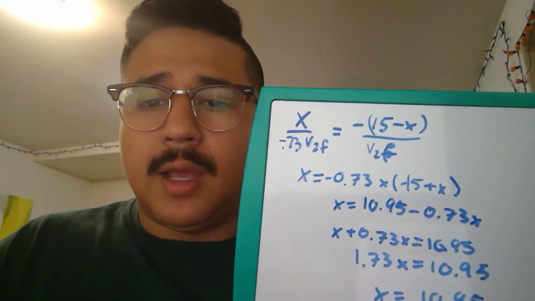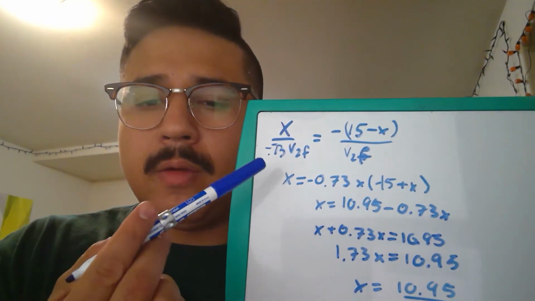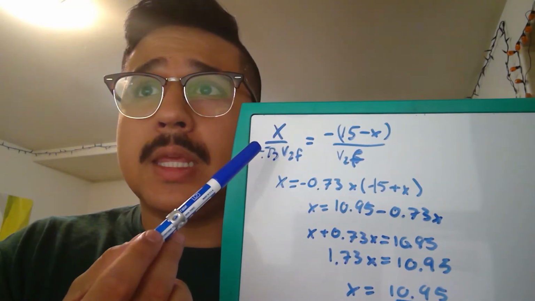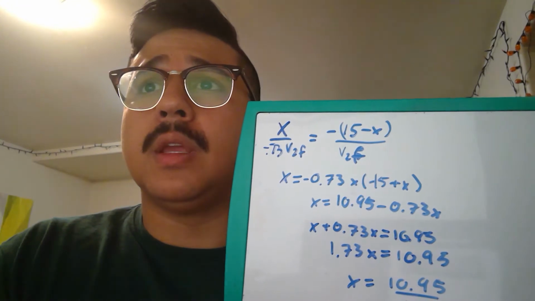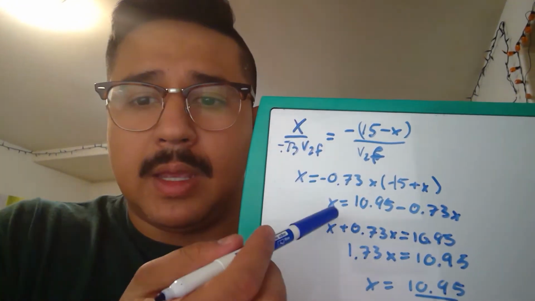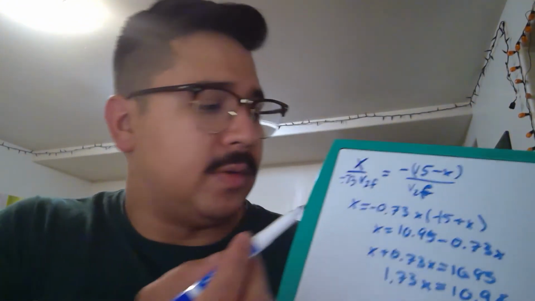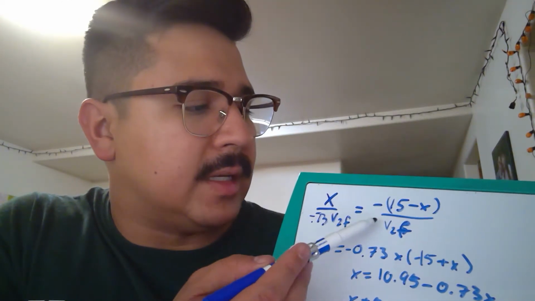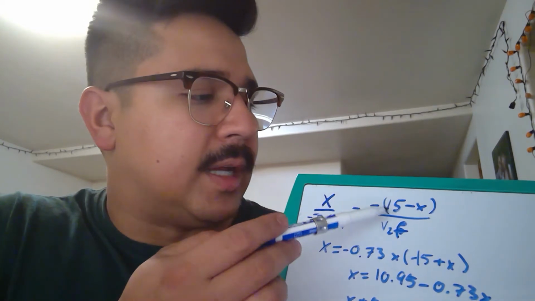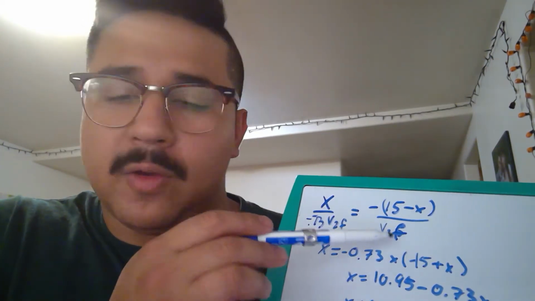Alright guys, so right here we put the value of 0.73 into this part of the equation. So we have 0.73 times V2F, and that's x, is equal to negative 15 minus x over V2F.